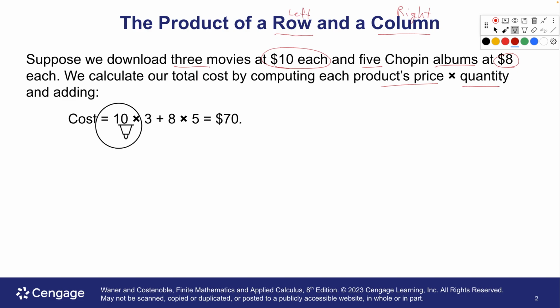So something like this: the 3 movies at $10 each, the 5 albums at $8 each. So that's $30 plus $40 gives us $70. We're going to see how this works out to be matrix multiplication. There's always a multiplication part and an addition part as well.